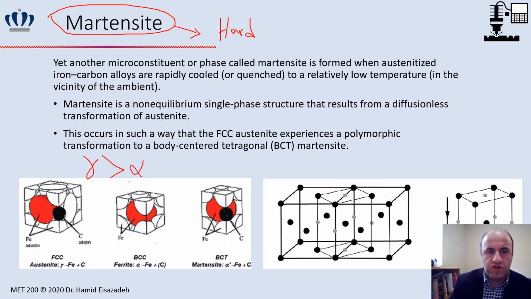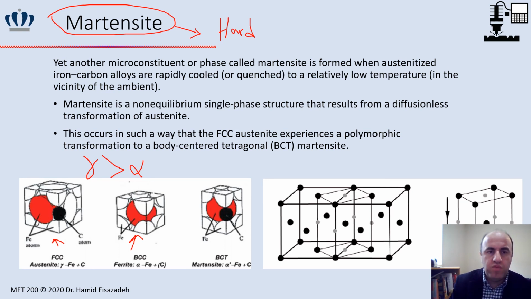So this is the structure of gamma. This is the structure of BCC, or ferrite. As you see here, we have carbon that is sitting between these atoms, because we have a larger space between these two atoms. But it doesn't have that space in this unit cell.